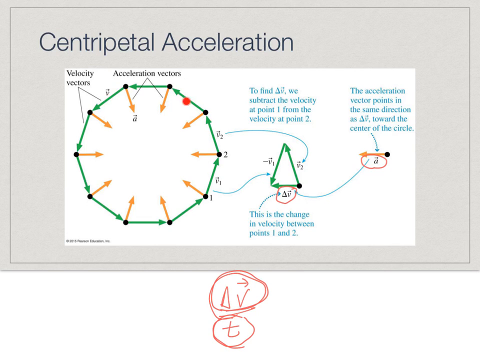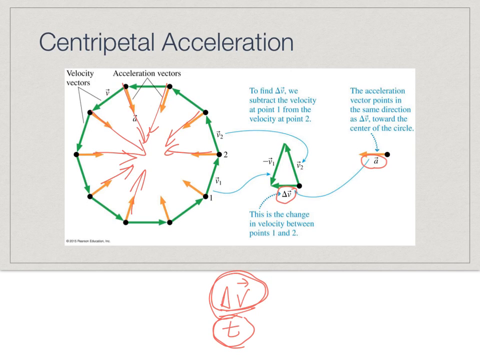If I do it with this one, final minus initial, this is my initial, final minus this, so that's my minus v2, and I get an acceleration this way. Do it again, negative this one, right here. Always. And so what you see is a continual inward acceleration, and it's pointing right to the central point.